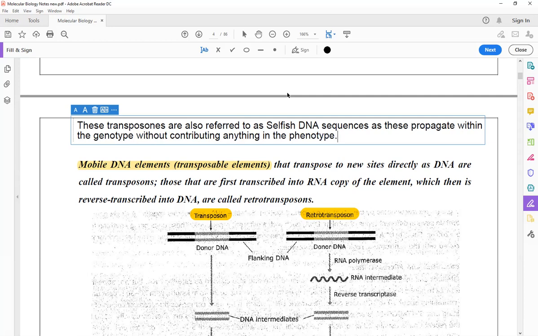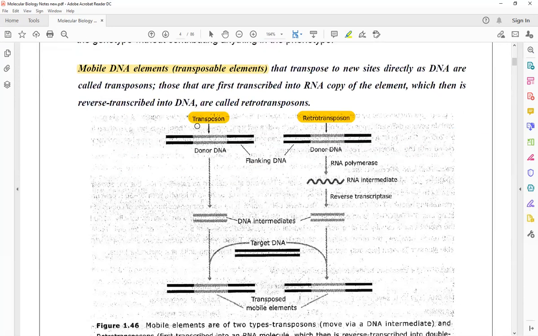That is why they are referred to as selfish DNA. Okay, so they never contribute anything into the phenotype and always propagate within the genotype. That is why they are referred to as selfish DNA.